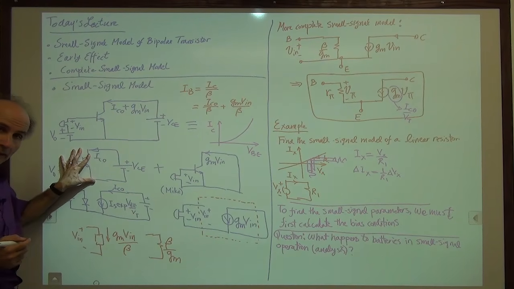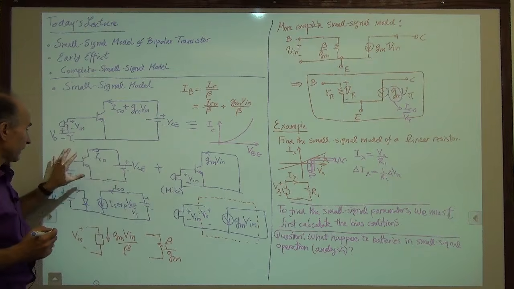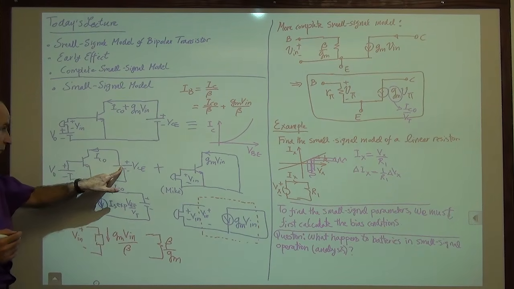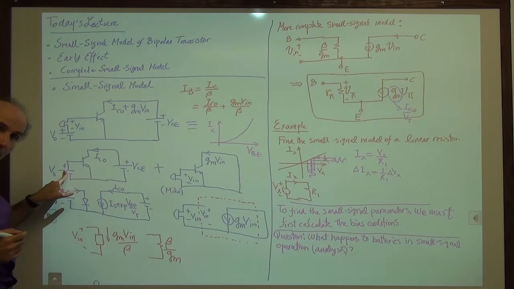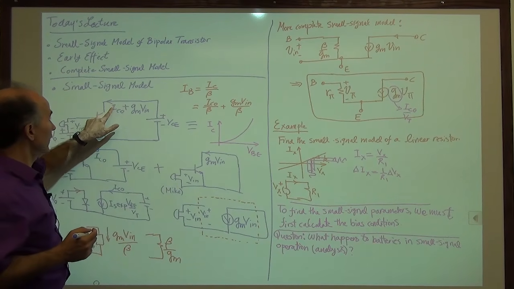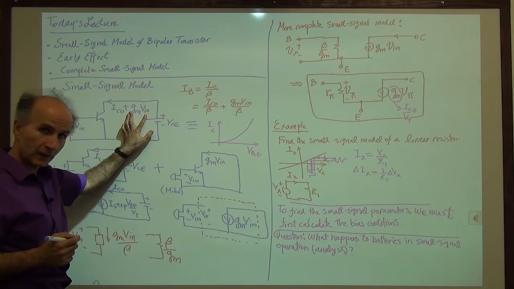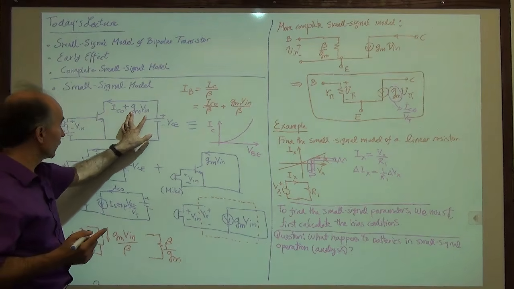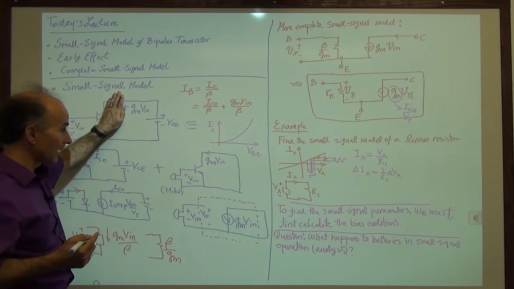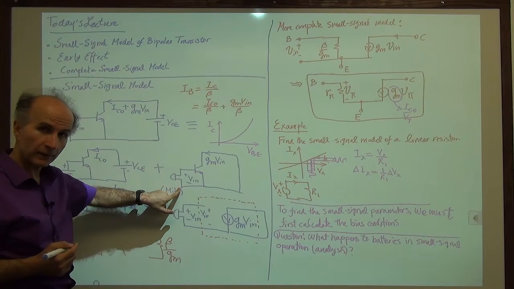One is just a bias calculation, and one is signal calculation. So for bias calculation, we kept all of the constant sources. And when we went to signal calculation, we said, well, we already took care of the bias calculations. We are only interested in the perturbations, in the signal changes. So we took these out. And when we took those out, we ended up with just a microphone.